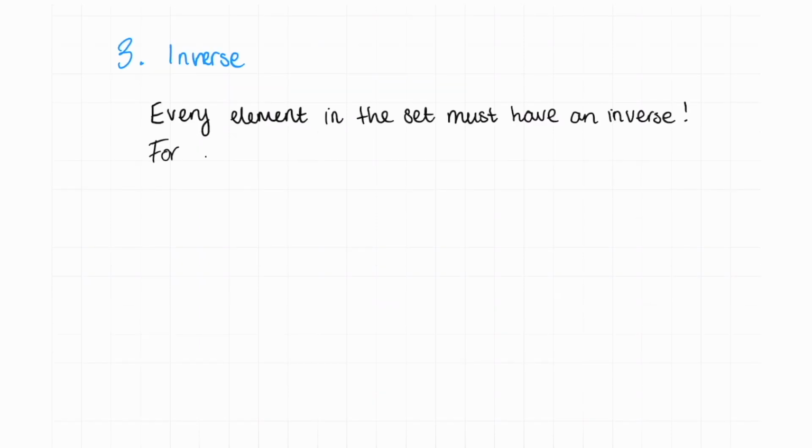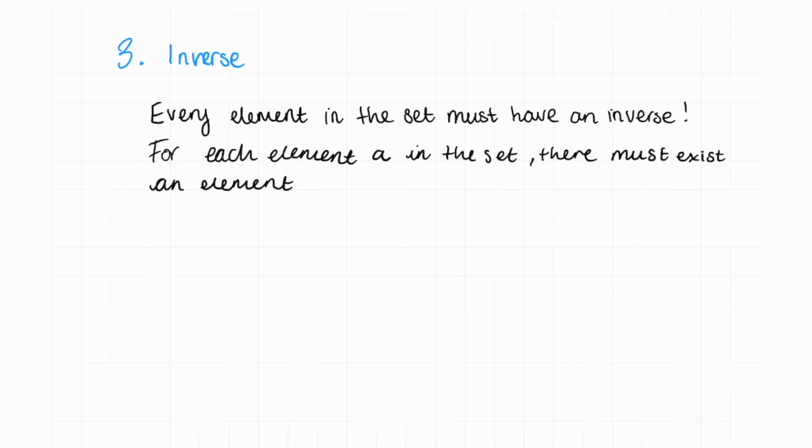For each element A, any element in the set, there must exist an element, which I'm going to denote A with a subscript inv for inverse, such that when A is operated on with A inv, we get the same as if A inv is operated on with A, and we get back the identity element. So again, let's use an example.